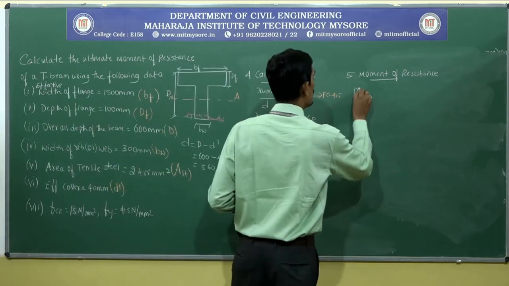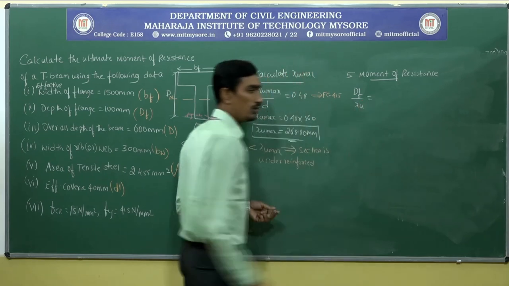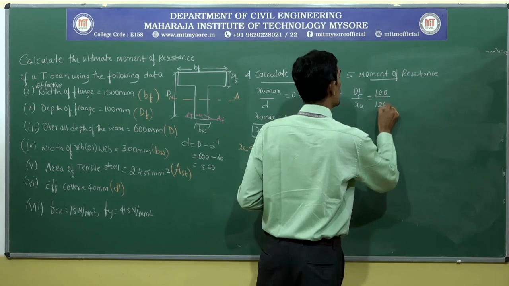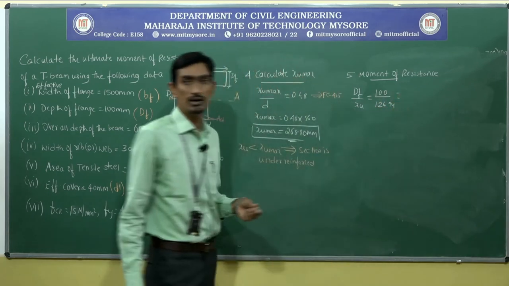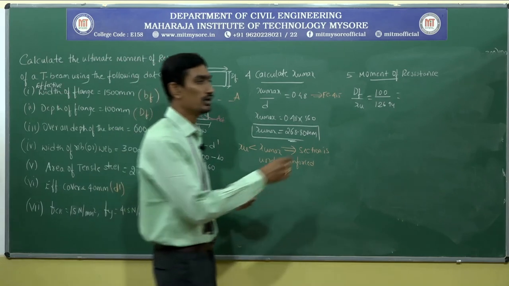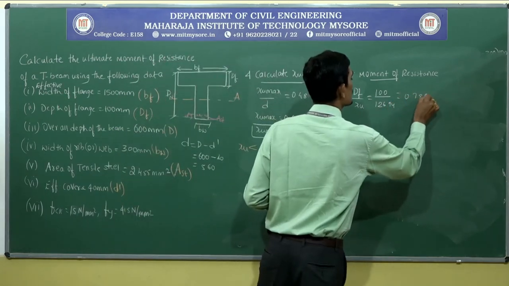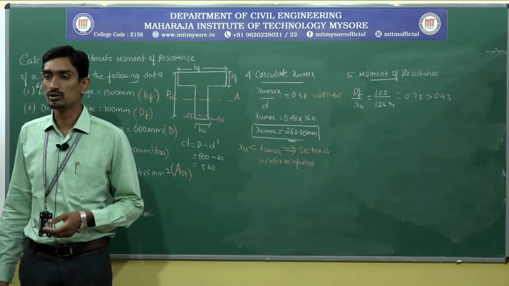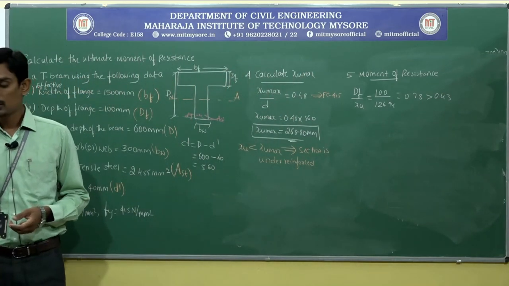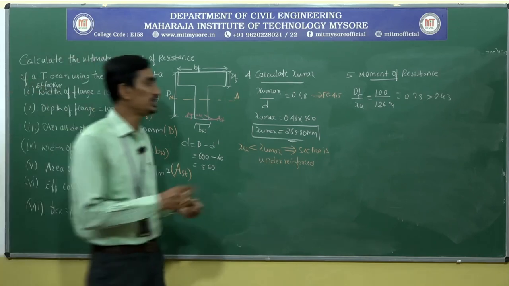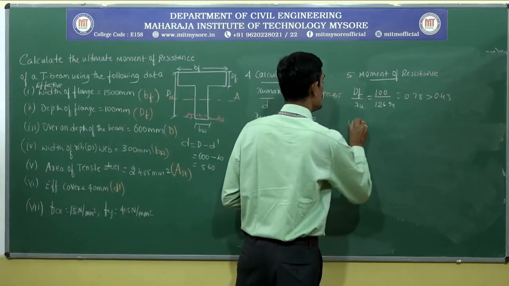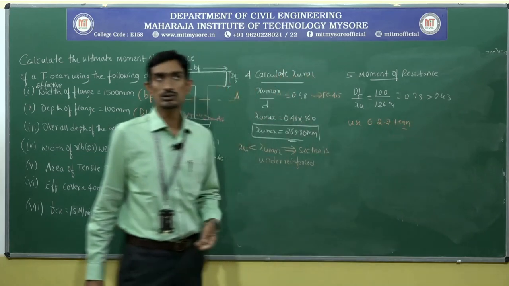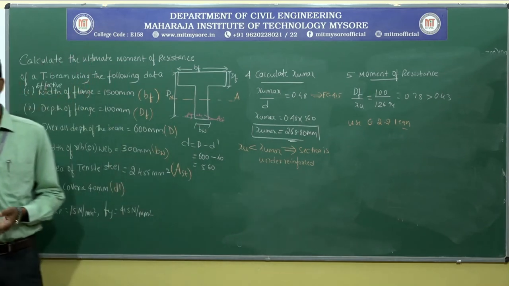That is Df by Xu, 100 divided by 126.94, that is 0.78, greater than 0.43. Okay, that means now I need to go ahead with which equation? Use G 2.2.1 equation.